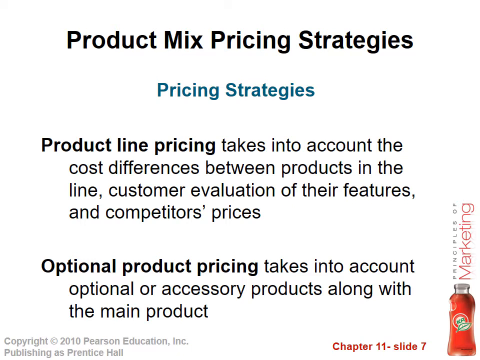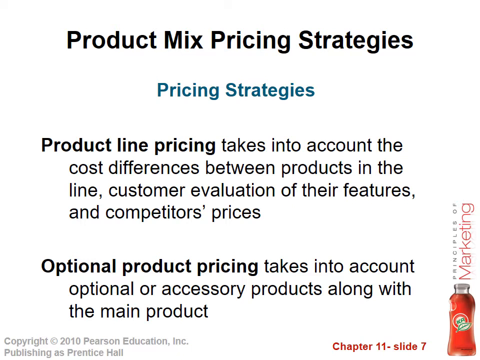The first one is using a glass, and then the bottle consists of 300 milliliters, and then one bottle of 600 milliliters, then 1 liter, and after that the gallon, the big one, and they give a different price for each of the offerings. The other one is when Samsung television gives different features to each type of television, and they give a different price with a different product line. That is the example of product line pricing.